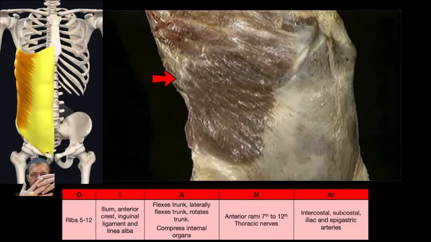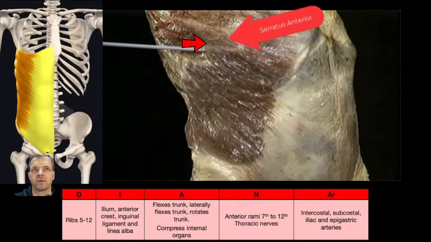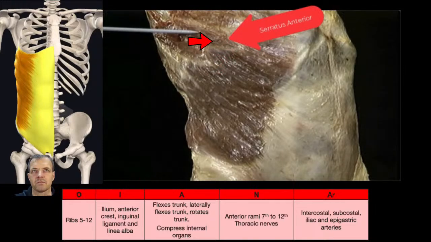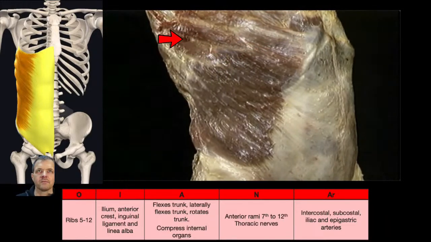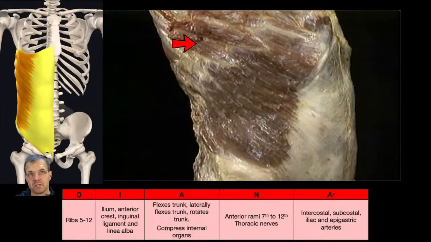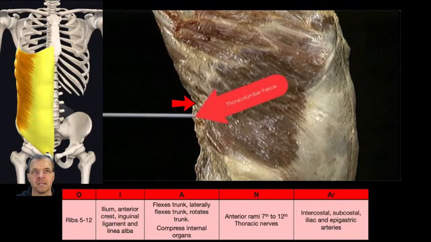So they kind of knit together. Yeah, so there we go. So that's serratus anterior, and then there's your external oblique. So it's just kind of merging from one into the other. You see the direction of the fibers of serratus as well, are basically a continuation of your external oblique.